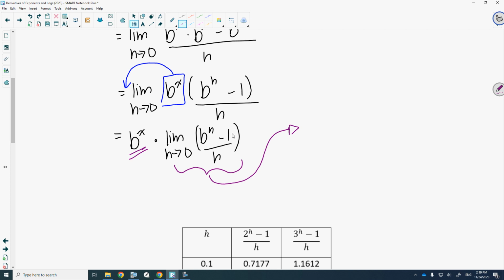So this portion of our limit is unique for every value of b. This is going to give us a constant. It's going to give us a number, a calculable number, something that we could calculate.